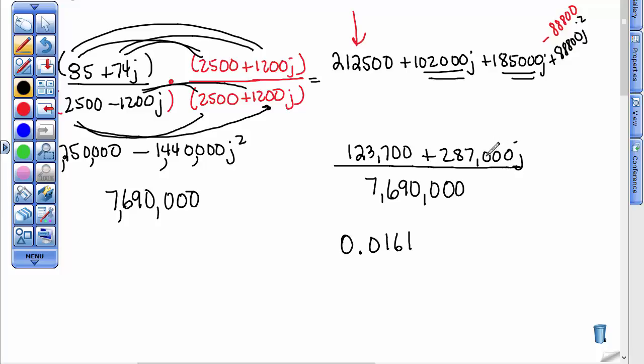And then this 287,000 divided by that is going to be 0.0373 j. This is the current, so that's going to be in amperes. It doesn't really say that I should write that. Hopefully no multiplication errors. The gist is correct, that's for sure. So some complicated problems from Chapter 12, Section 2.